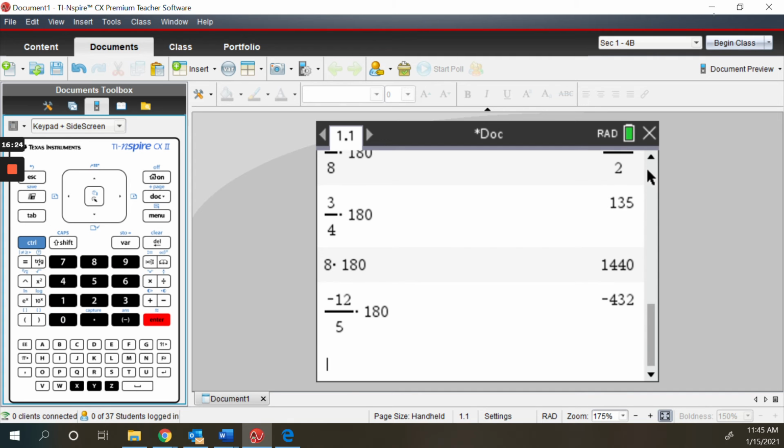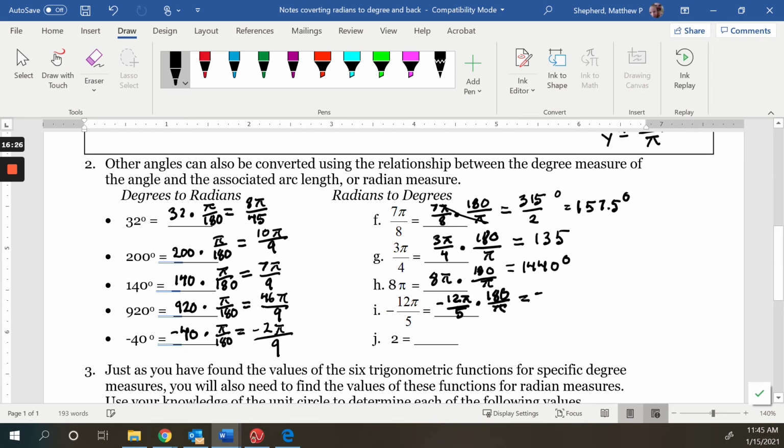We get negative 432. Now notice what's happening here. There's just a 2. So as we do it this time, that pi is not going to eliminate. So I'm just going to end up with 360 over pi degrees.